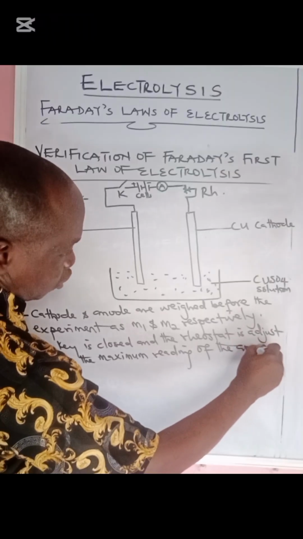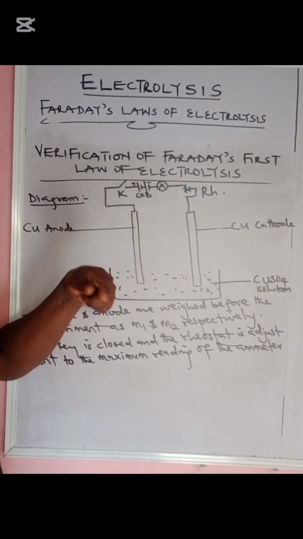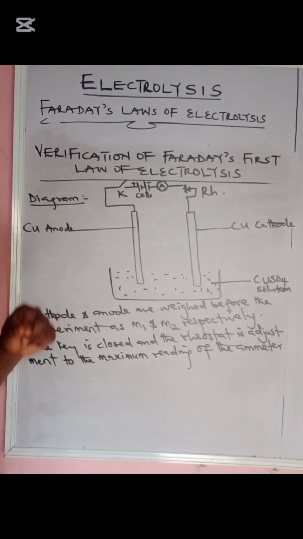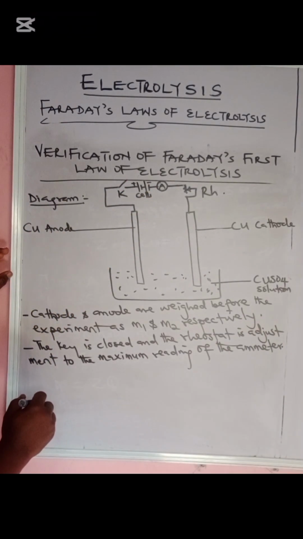It's adjusted so that the maximum current will flow through the circuit, and the ammeter reading is read and recorded.